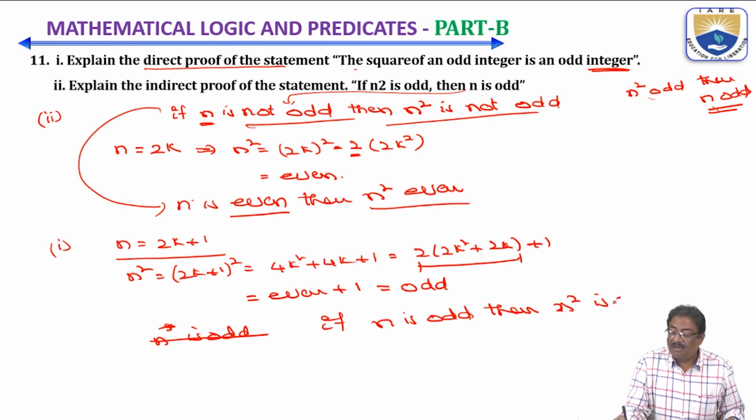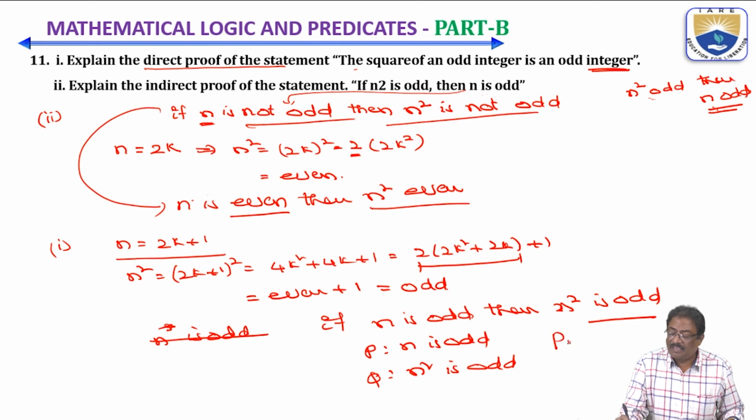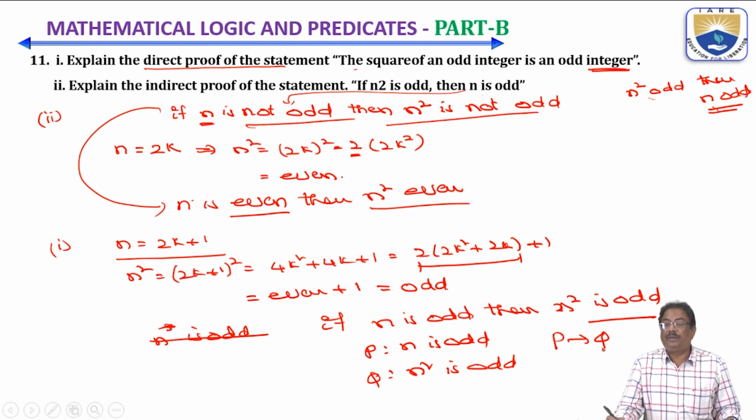Like this, if I take p as n is odd and q as n square is odd, then we consider this as p to q.